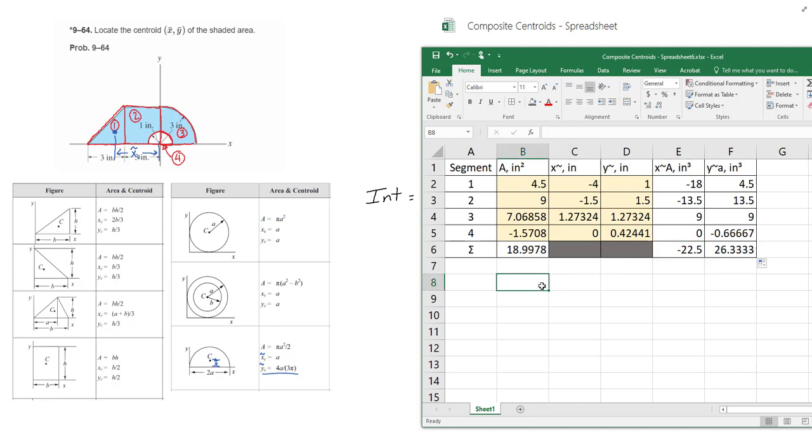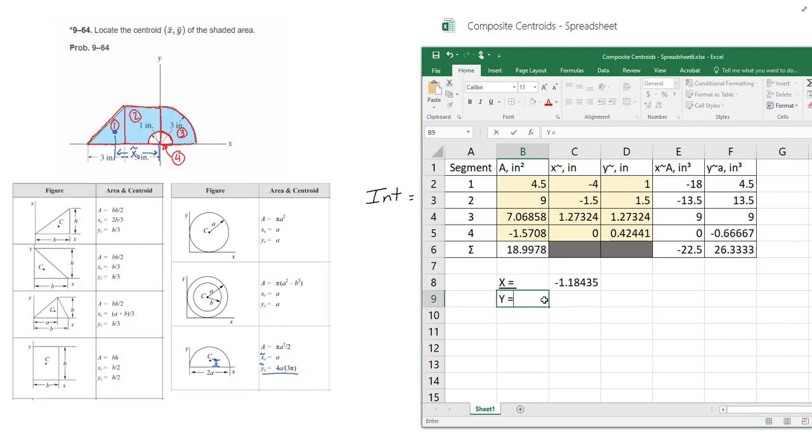All right. So X, and it's a little harder for me to do an X bar here, so we'll do X underlined. This is going to equal the sum of all the X tilde A's divided by the sum of all the A's.